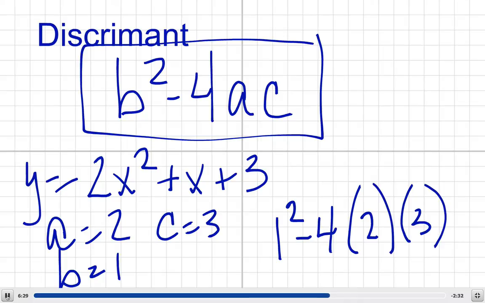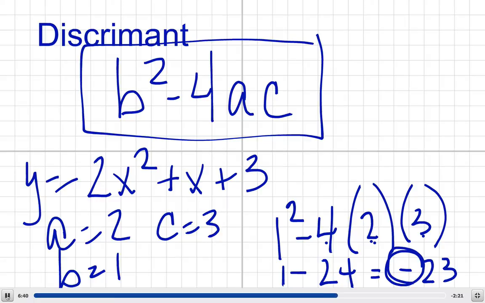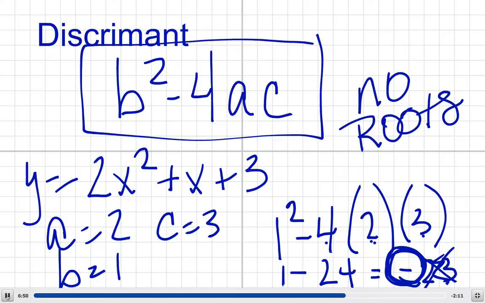When I simplify that, I get 1 minus 24, which gives me a negative 23. Since my number is negative, it doesn't matter what the number is, it's just that it's negative. That means that there are no roots. And since there's no roots, it's not factorable.